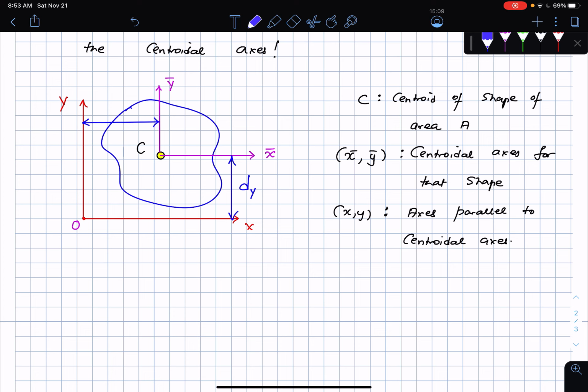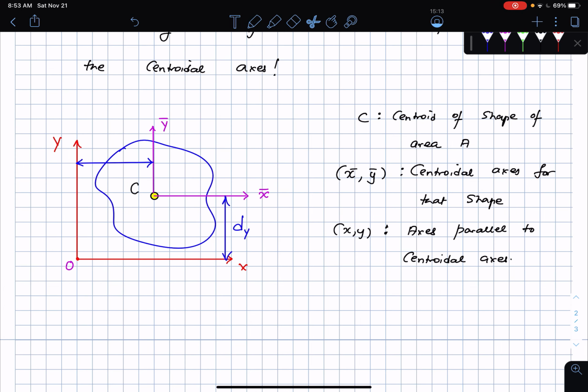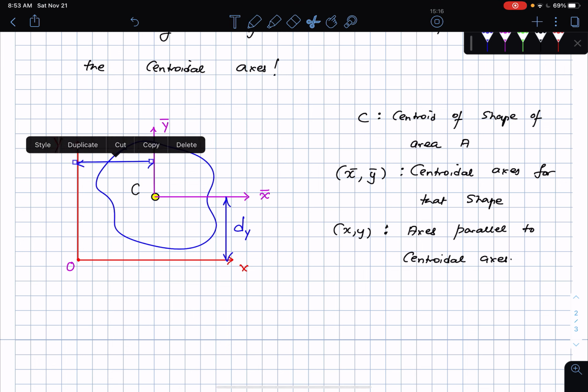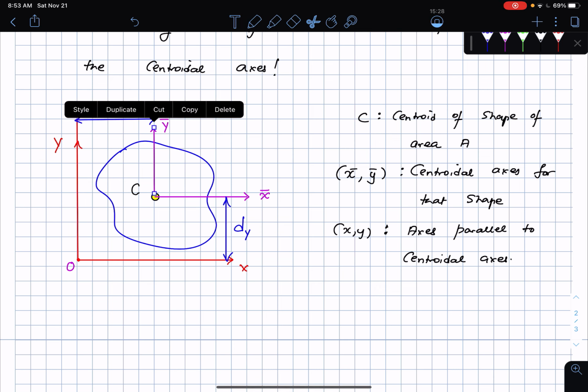I may want to write this down a little better, so I'm going to scoot this up so that we can see it better. So this distance I'm going to call d suffix x.